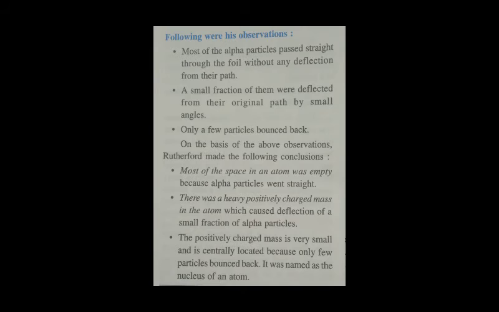That means something positive is inside the atom, but that is very, very small. Next, as only a very few particles bounced back, the positively charged mass in the atom is very small, heavy, and is located somewhere at the center of each atom, because this bouncing back is shown at the middle.